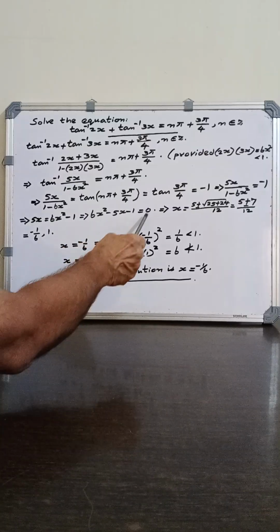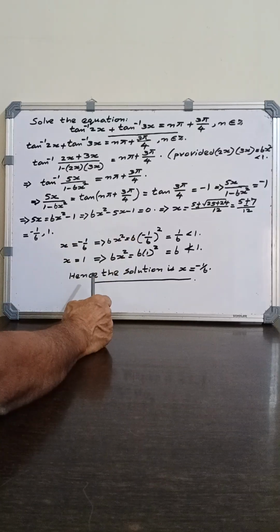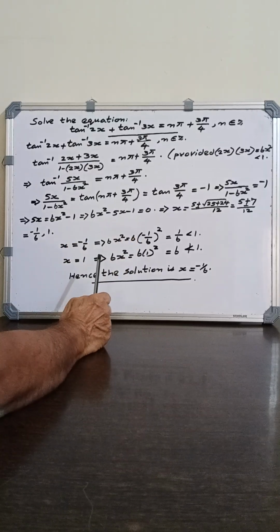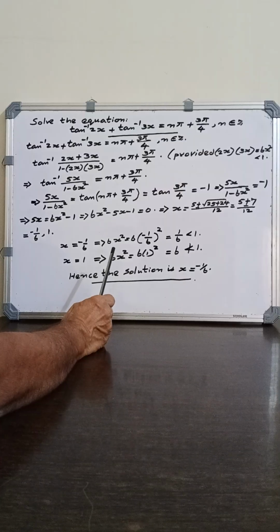Then we can consider this to be a quadratic equation. The solution is minus b plus or minus root of b squared minus 4ac, by 2a.